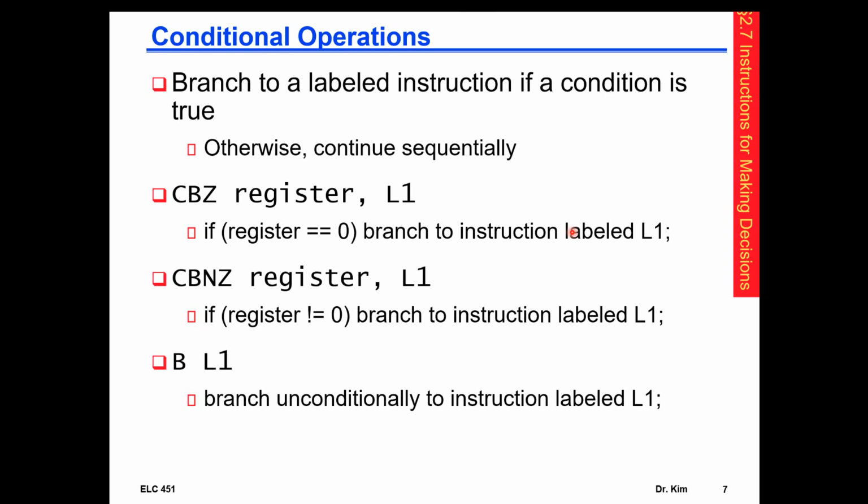So let's look at some instructions that aid in doing that in the ARM LEGv8 ISA. So the conditional branches branch to what we call a label. Now in assembly, a label is really a memory location in program memory space.